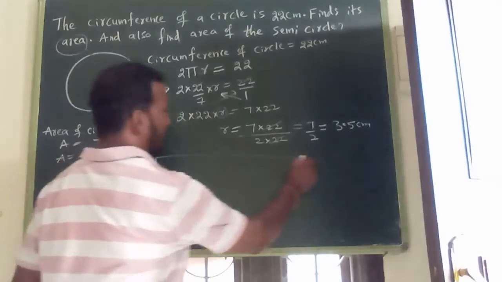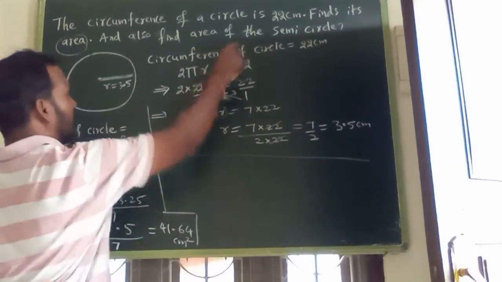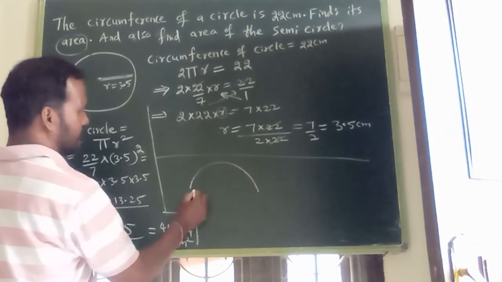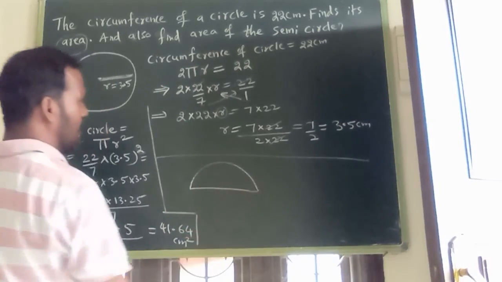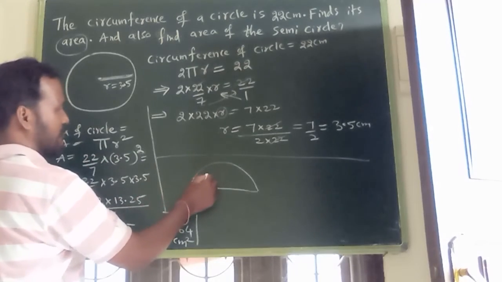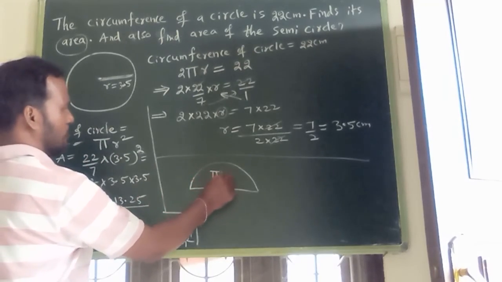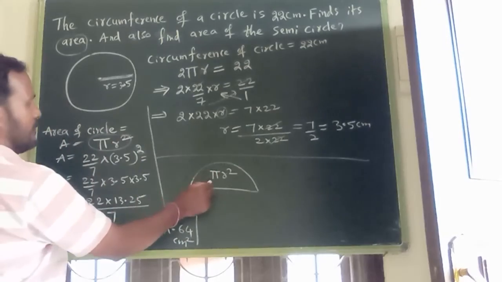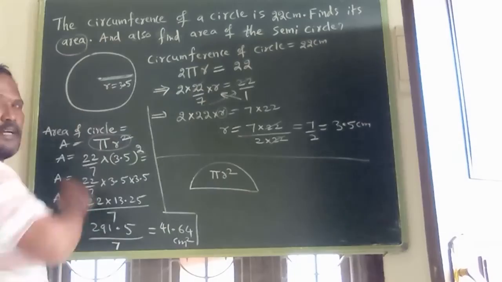Then the second question: area of the semicircle. Semicircle means half circle. So the area of the semicircle is pi r square by 2. This area will be half of the total area.